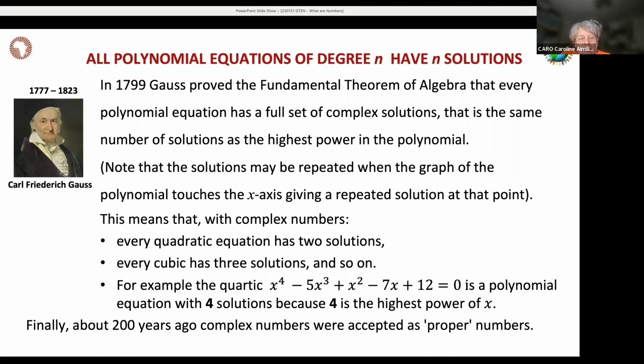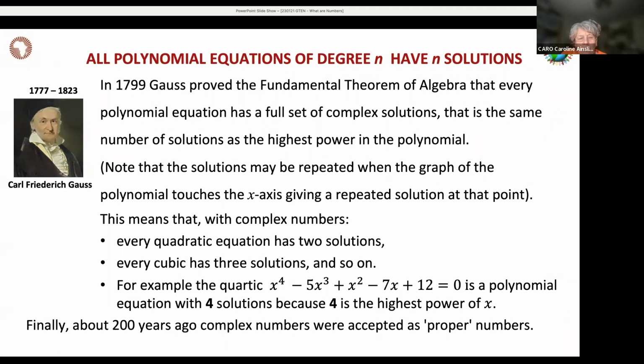That means that with complex numbers, every quadratic equation has 2 solutions, every cubic equation has 3 solutions, and so on. So the polynomial equation you see on the board is a polynomial equation with 4 solutions, because 4 is the highest power of x.